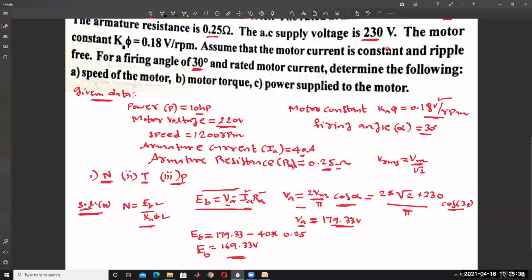So then K into pi, the motor constant, is also known. The unknown thing here is EB. So we already got EB is equal to 169.33 from these expressions.